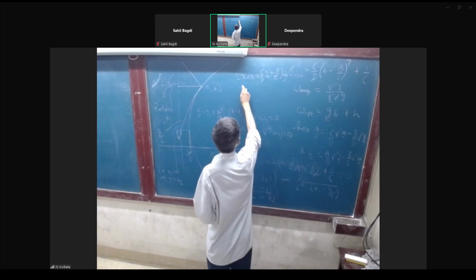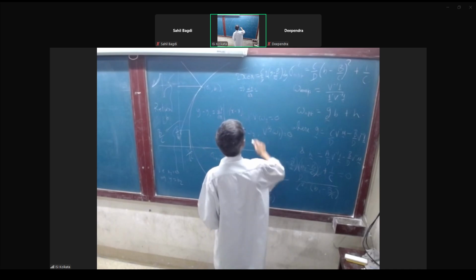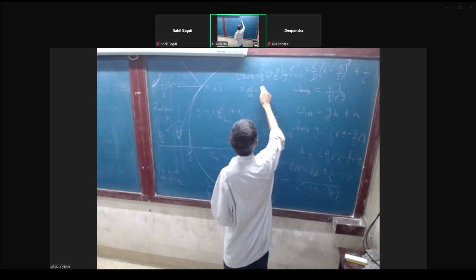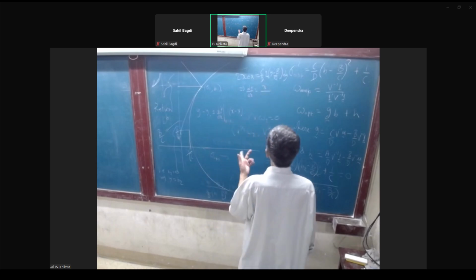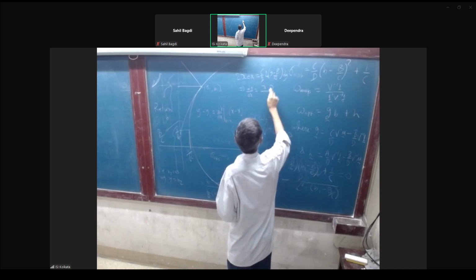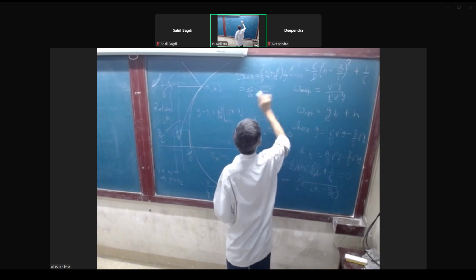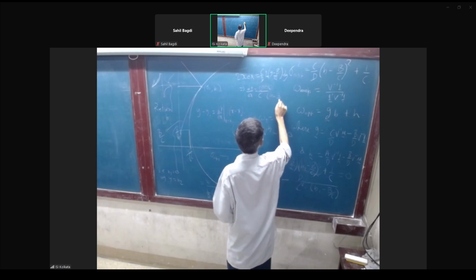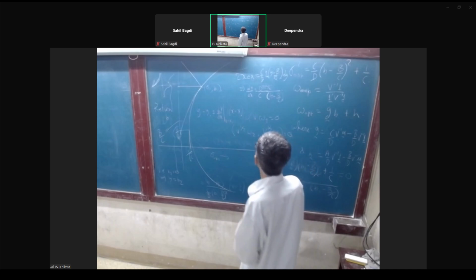Which implies dy by dx equals d by c divided by a, multiplied by x divided by y minus d by c. So that's your dy by dx at the point x1.